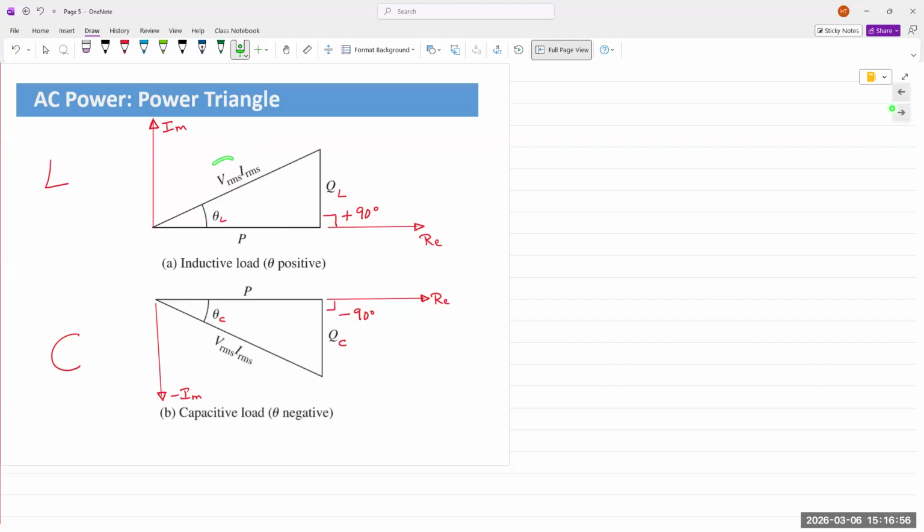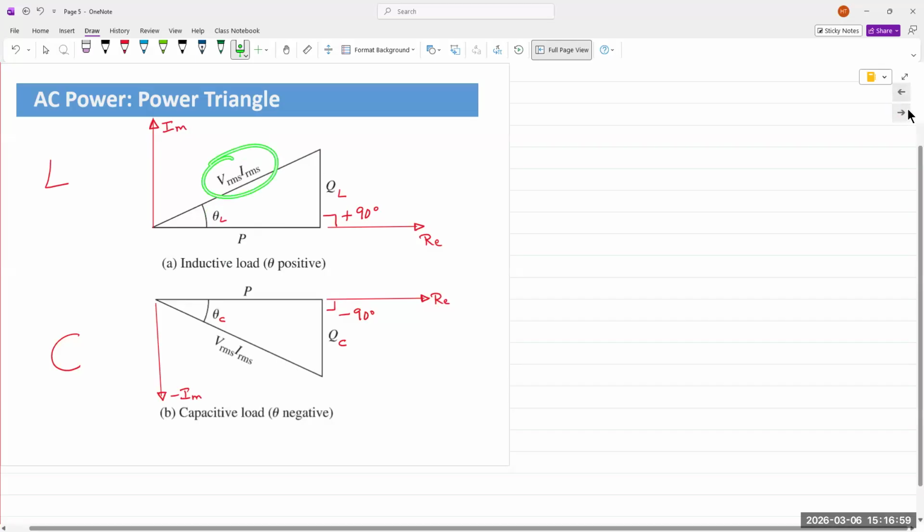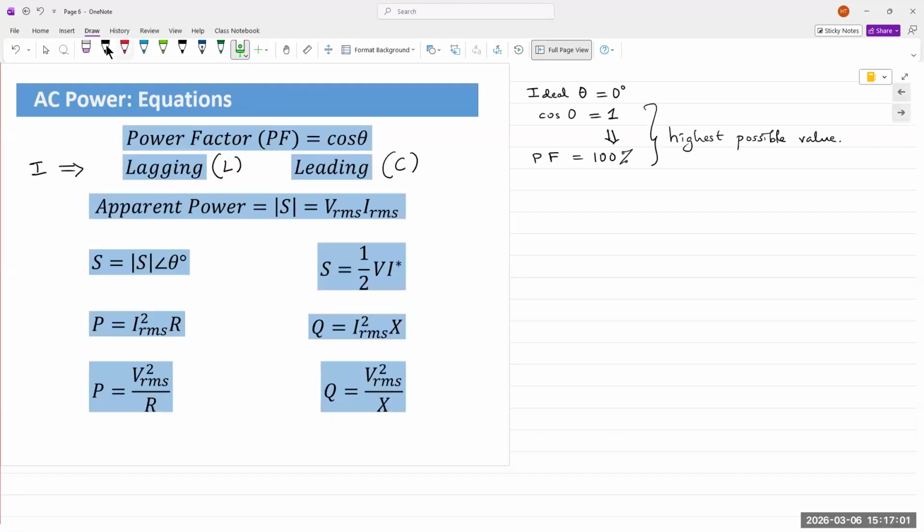So this magnitude of S, VRMS times IRMS, is also defined as the apparent power. The reason for a different term is that apparent power is the effective power that is available in the transmission line. RMS values are the effective values of the voltages and currents that are flowing in a circuit.